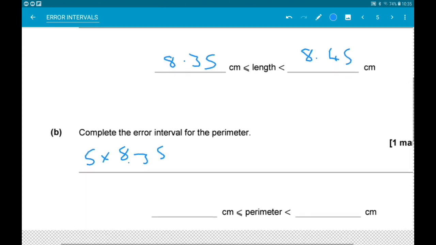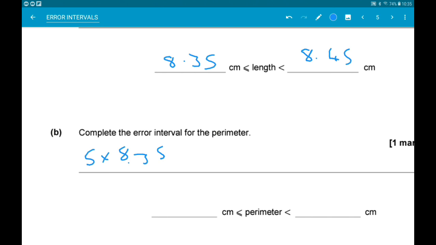Now that gives us 41.75. And then for the upper bound, we do 5 times 8.45, which gives us 42.25.